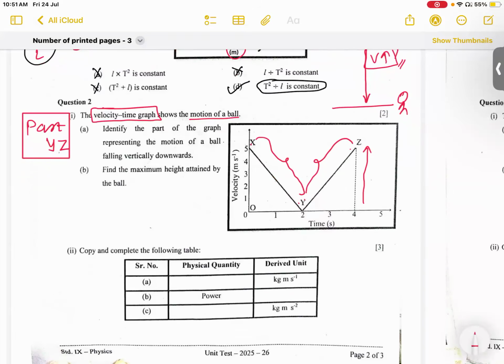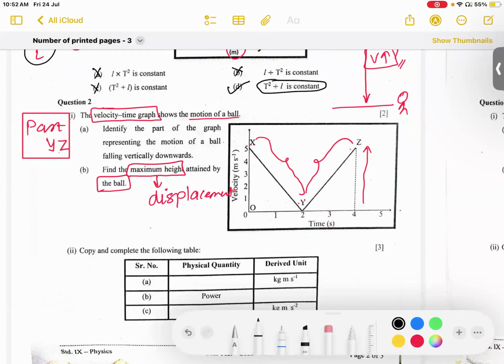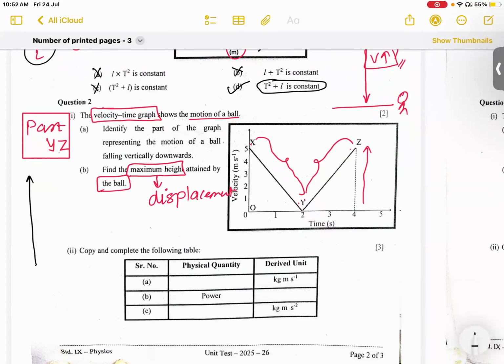Next question is to find the maximum height. Maximum height technically means displacement. Find out the maximum height obtained by the object. So when is maximum height possible? When I'm throwing the object upwards from below. So when the ball is going from down to top, this is the portion of the graph I have to consider.